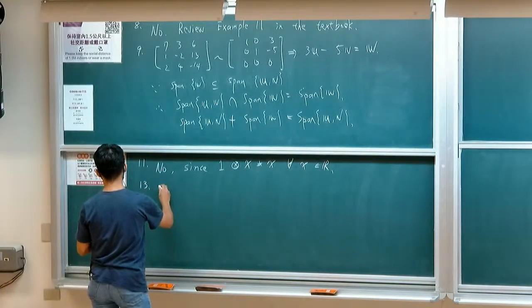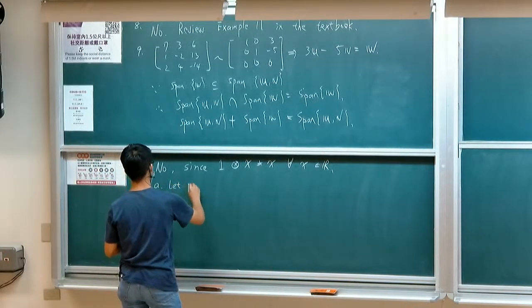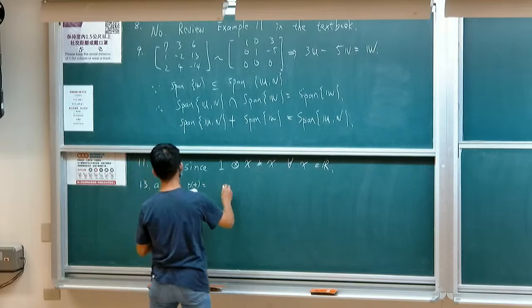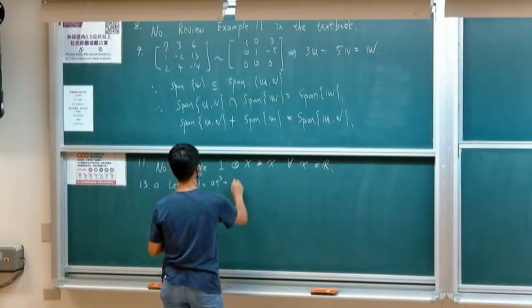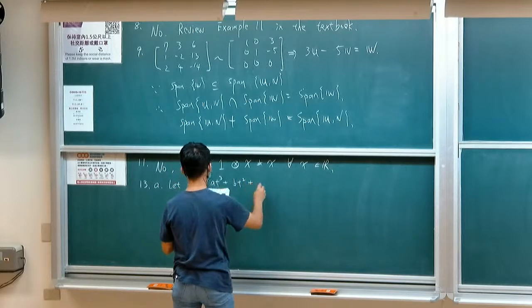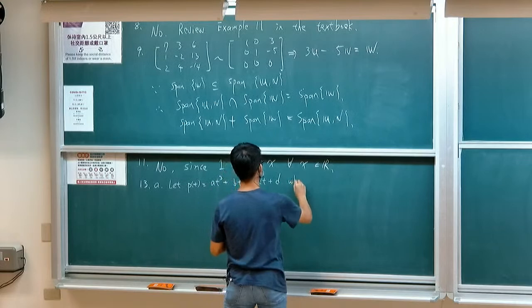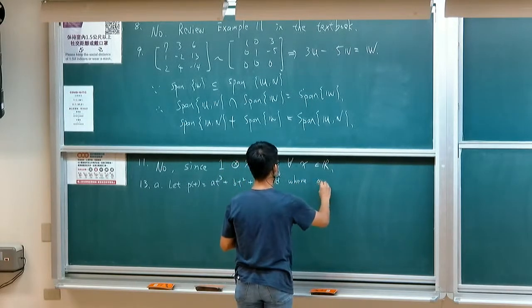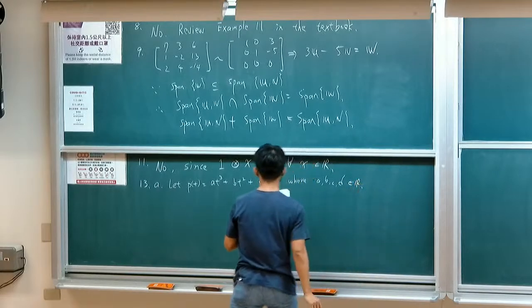For the first part, first we let P of t equals a t cubed plus b t squared plus c t plus d, where a, b, c, d are real numbers.